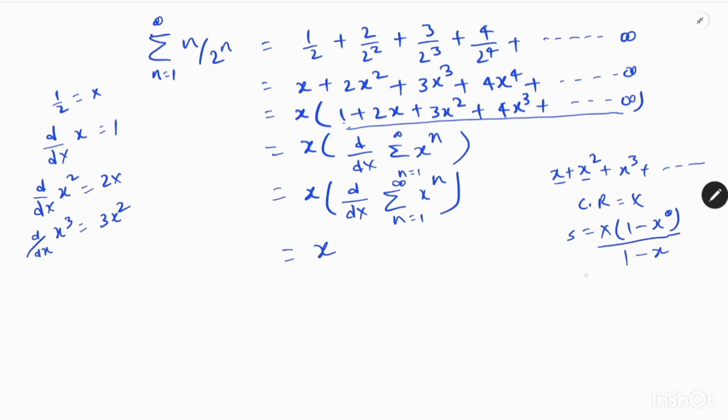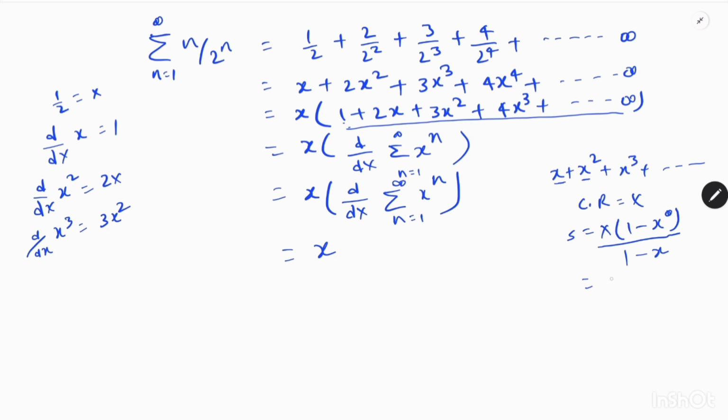So let me tell you something about infinite geometric progression sum. So here, since common ratio is x and x is less than 1, because x is 1 by 2, this series is a converging infinite series. So what does converging mean? It is converging to 0.